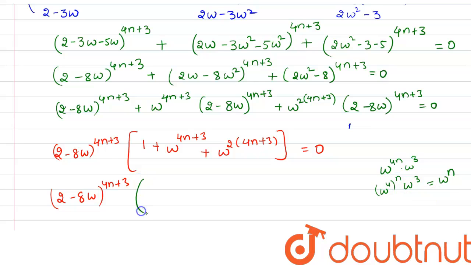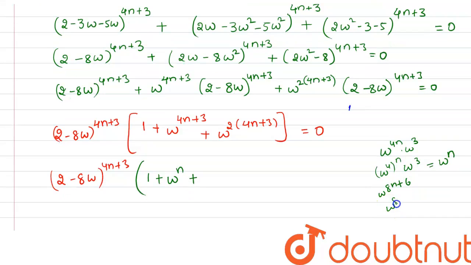Therefore, our internal term is 1 plus omega to the power of n plus, what is this? We have omega to the power of 8n plus omega to the power of 6. That means omega to the power of 8n into omega power 6. Now, what is this value can we say here? This is omega to the power of 8 whole to the power of n into omega power 6. This is nothing but omega power 2n. Therefore, this is our equation, plus omega power 2n is equal to 0.